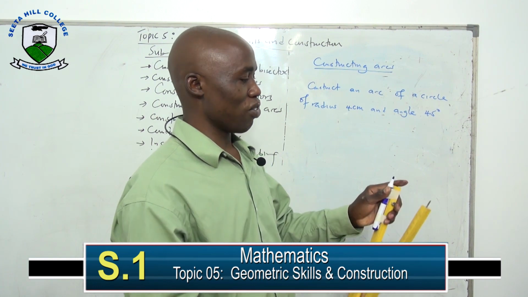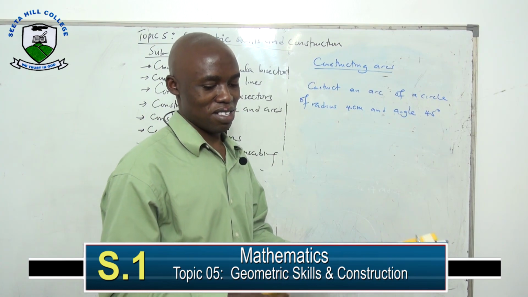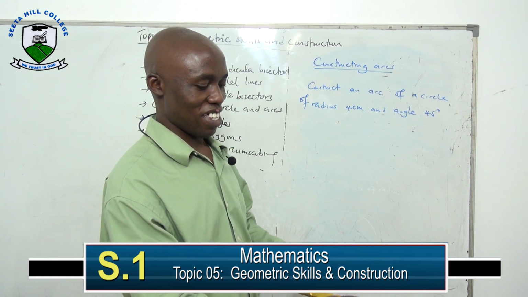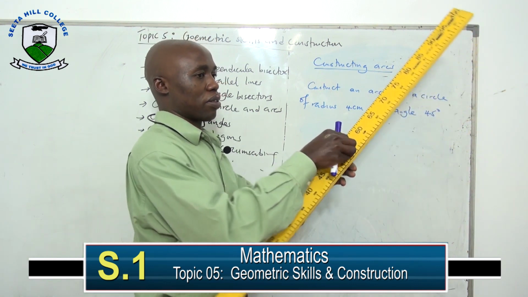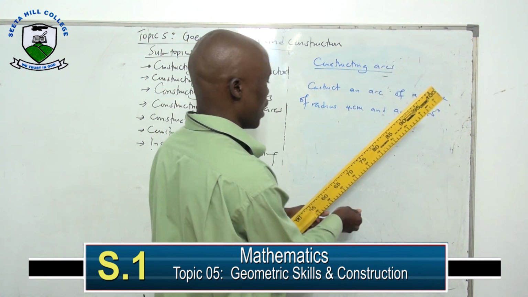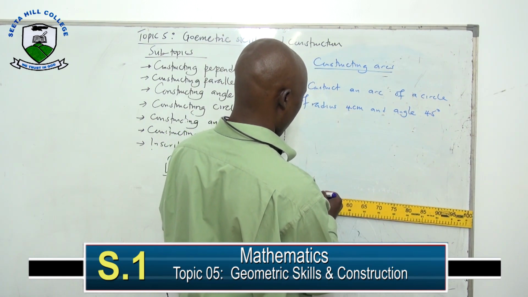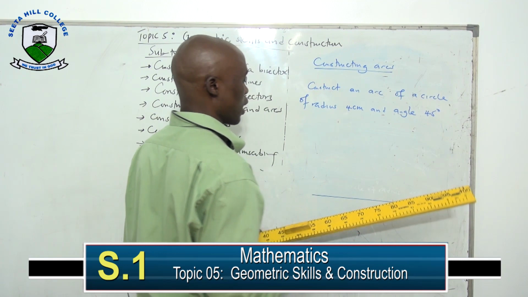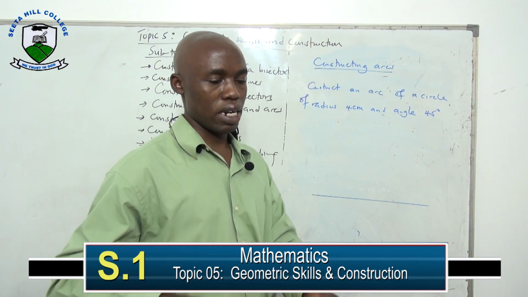How do we construct 45 before even reaching construction of angles? Can you use this device and construct 45? How do I achieve that? Let me first put my line there. But in case you are given an angle that you can't construct, then you have to use the protractor.